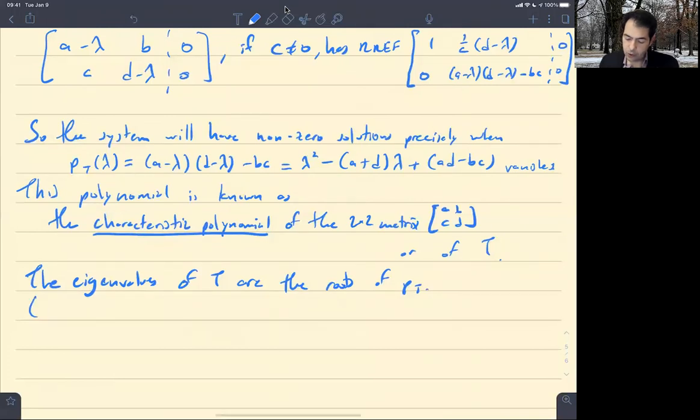Right, and I'll let you check that this is true also when c is equal to 0.